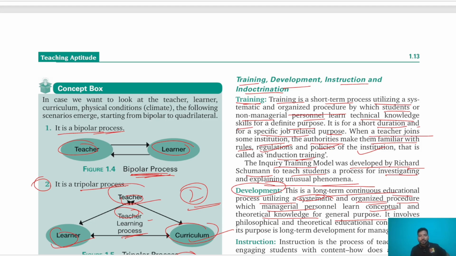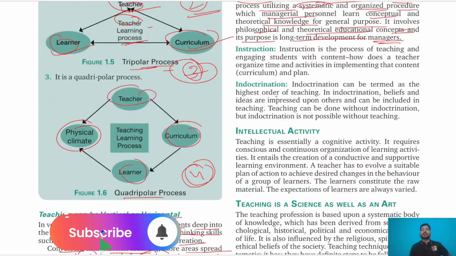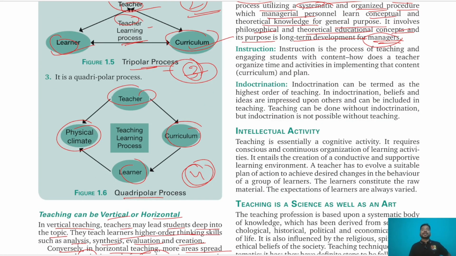It involves philosophical and theoretical educational concepts, and its purpose is the long-term development of managers, right? For example, the teacher tells the manager how to manage the student so that he can develop his knowledge and skill.